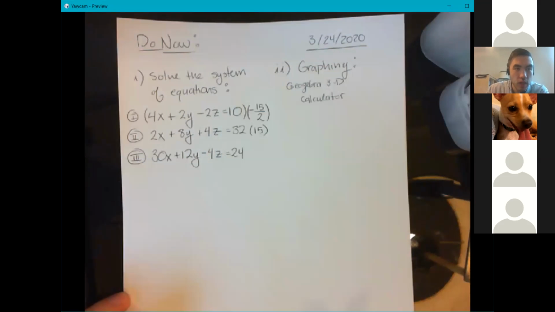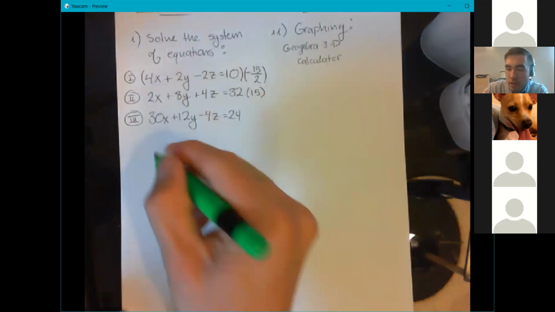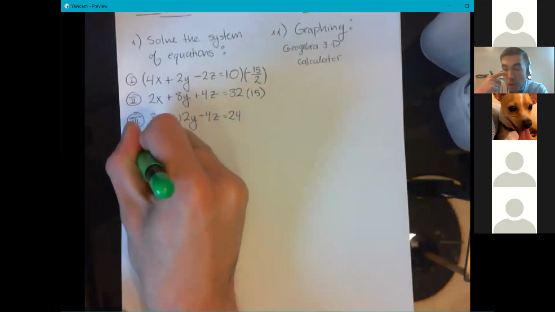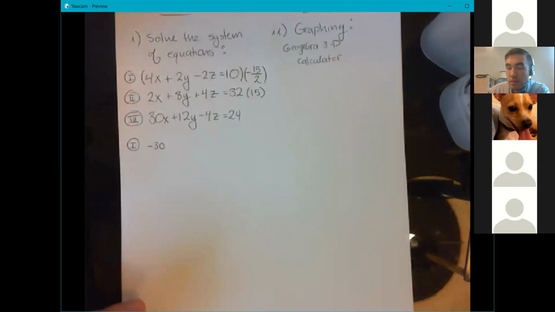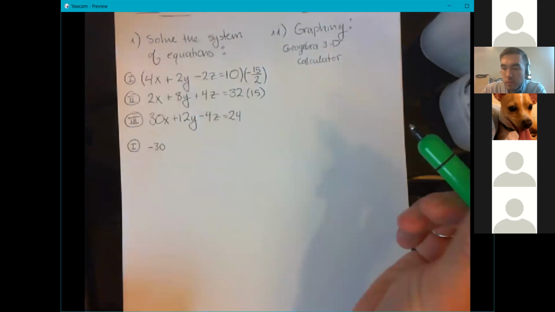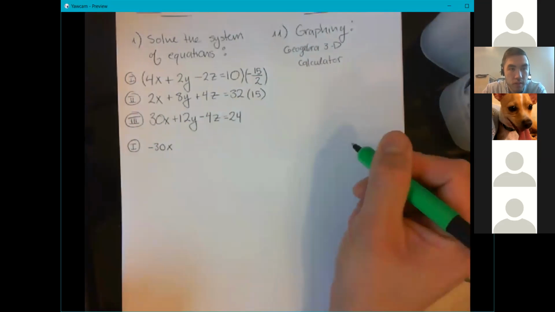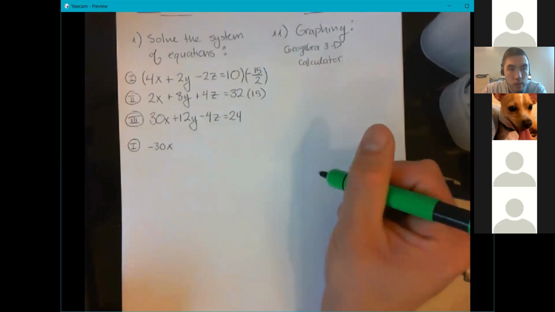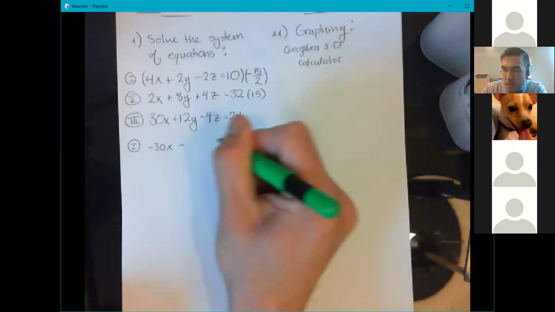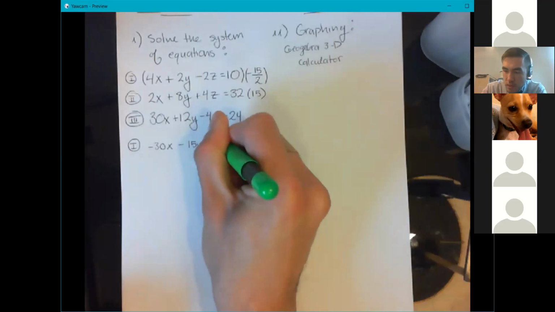And so we're going to carry that through. So the first row, our lead term is negative 30. That's the point. So this right here is still equation 1, just multiplied by a constant. And then what's that going to do to my second term? Negative 30x minus 15y plus 15z.